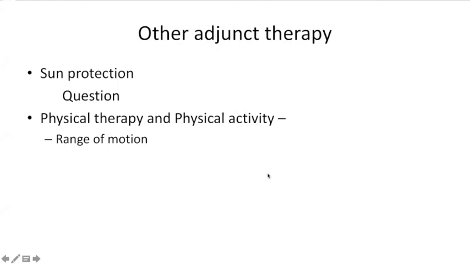The reason for this is that even if you're not strong enough to do that on your own, maintaining that range of motion helps you keep it longer term. Because if you don't keep moving them, you can lose some of that range of motion over time.